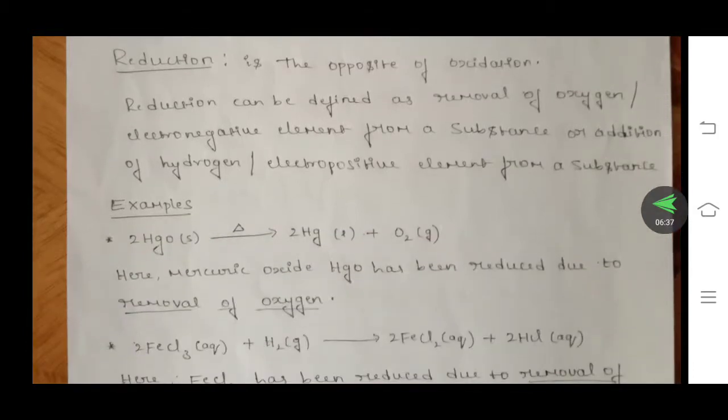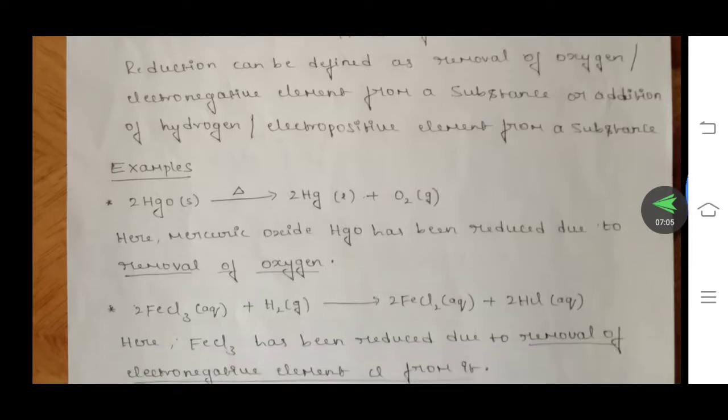Example: 2HgO in the presence of heat gives 2Hg plus O2. In this reaction we are removing oxygen from Hg. Removal of oxygen is reduction. So here mercuric oxide HgO has been reduced due to removal of oxygen.